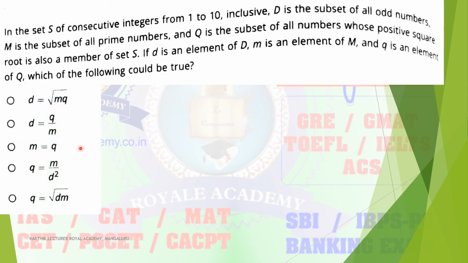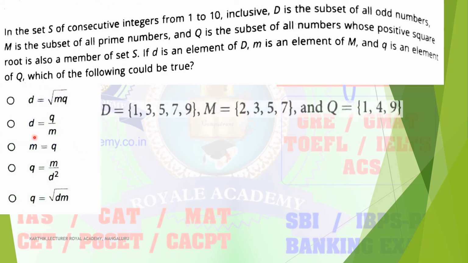So these are the options, and you have to find out which option is correct. D is a subset of odd numbers between 1 and 10, that is 1, 3, 5, 7, 9. Next, M is a subset of prime numbers between 1 and 10, that is 2, 3, 5, 7.